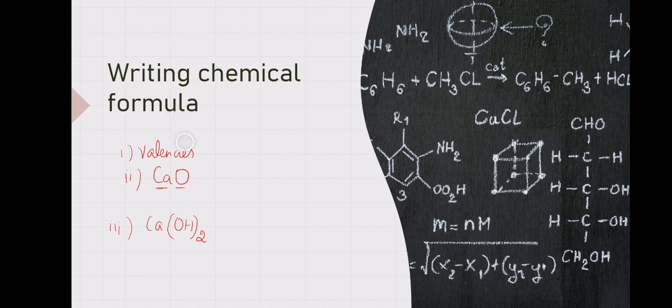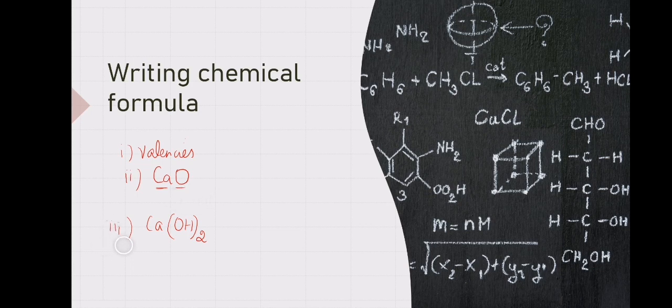So these are the three rules. The first rule is that valencies, or the charges on the ions, must be balanced. The second is that when the compound consists of a metal and a non-metal, the symbol of the metal is written first and the non-metal is written next. For example, calcium oxide, sodium chloride: in all these compounds, the metal is written first and the non-metal last.